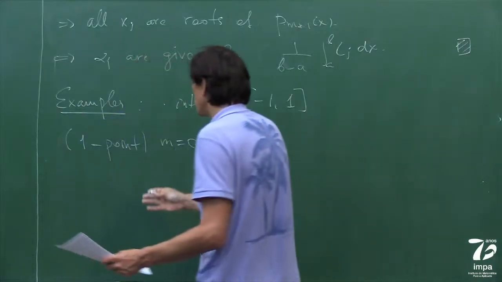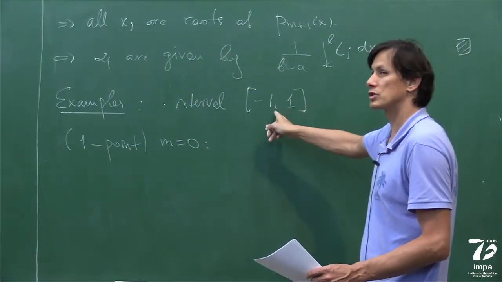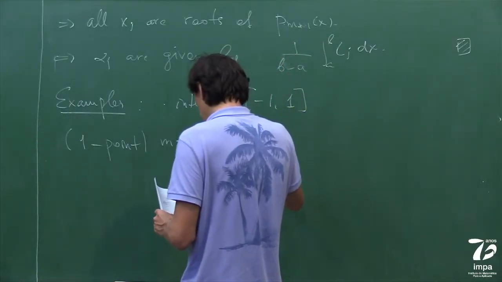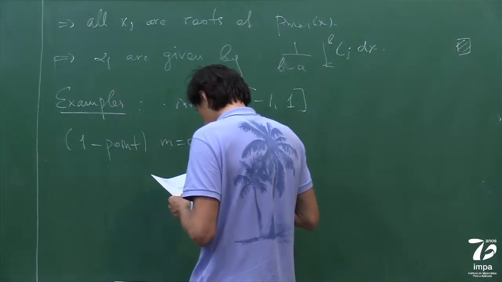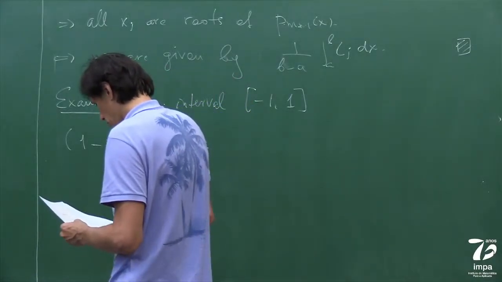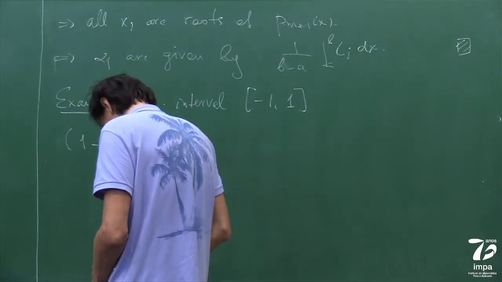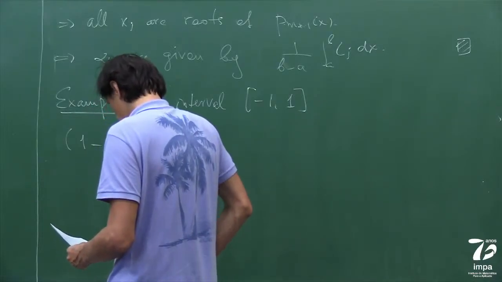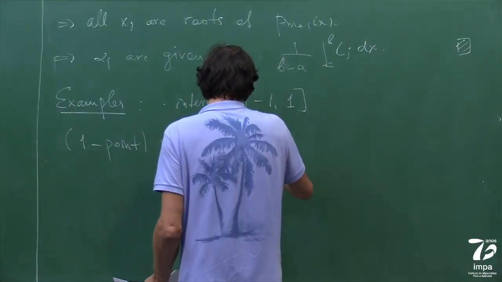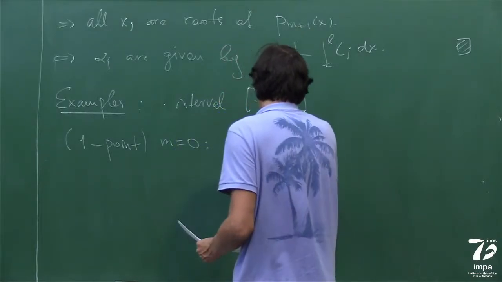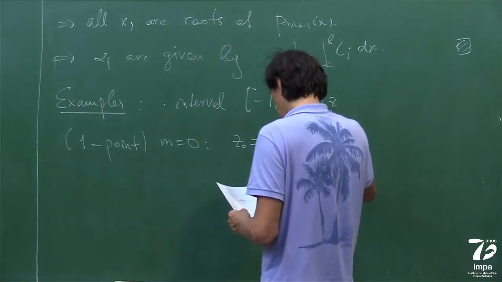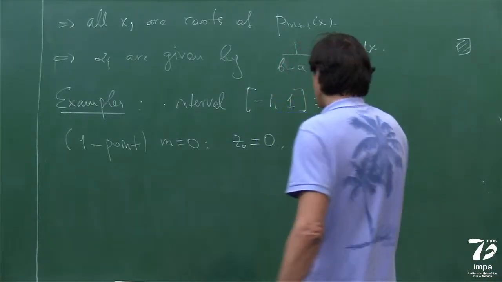Certainly this integral is symmetric with respect to 0, so everything will be symmetric. So if it's just 1 point, the point should be in the middle, I guess. I will call it Z for this interval. And the coefficient should be 1, so the sum should sum up to 1.